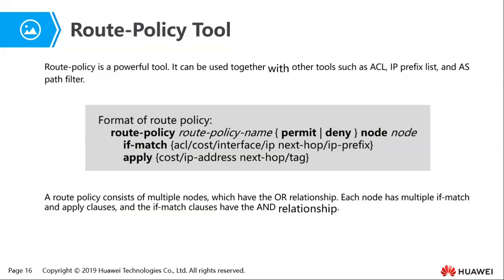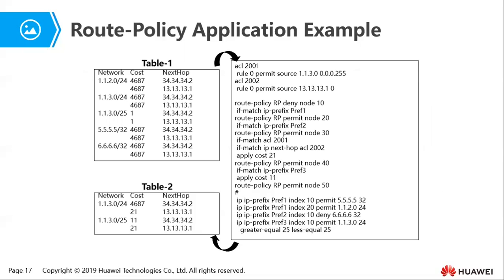Again, route policies will always be evaluated one after the other, depending on the node ID. So a route will be allowed if it matches a permit clause. Otherwise, it will not be processed.